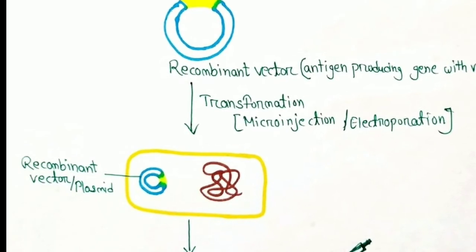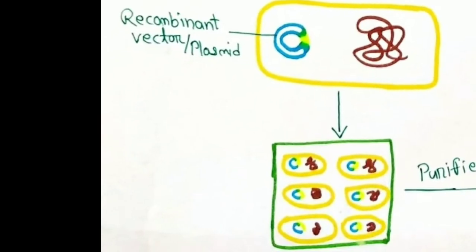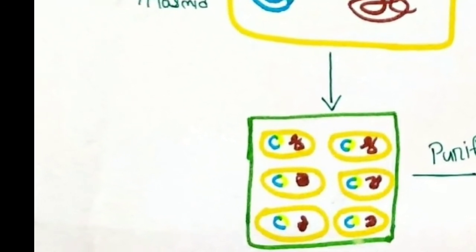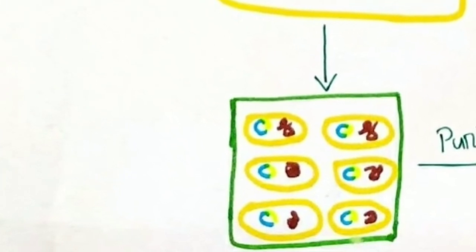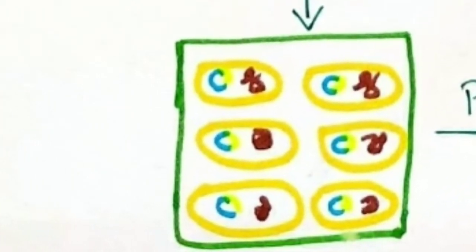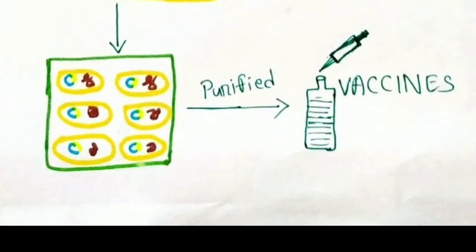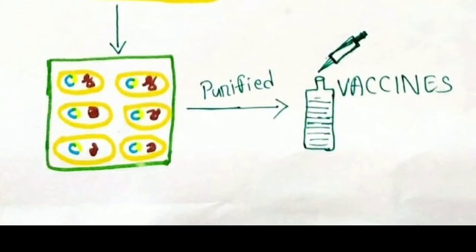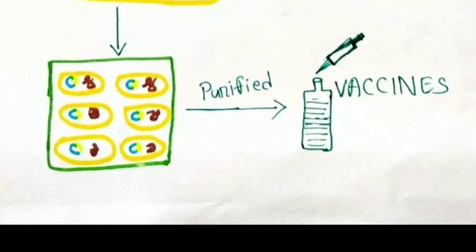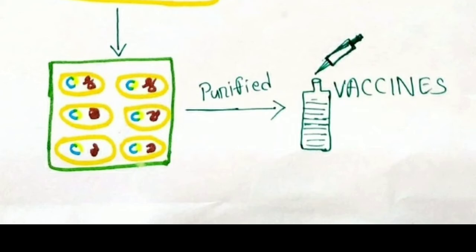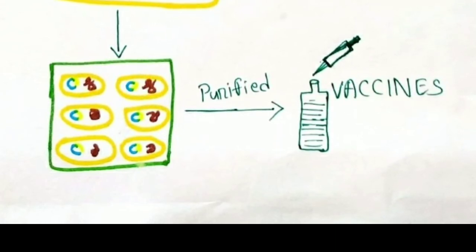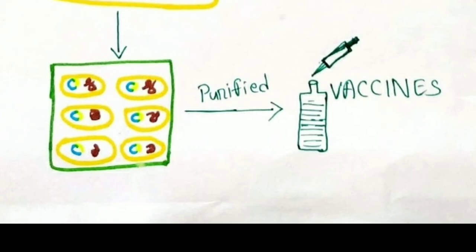Then culture those host cells, and for industrial production, bioreactors are used for rapid production. Now the host cells are carrying the recombinant gene. Collect those cells using a screening process, then extract and purify them. After purification, package those vaccines and send them to the market, which gives protection to all the people.